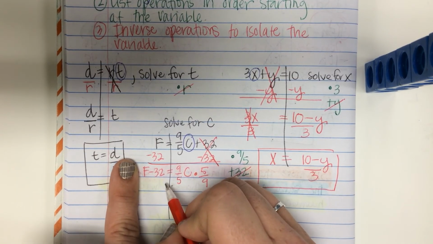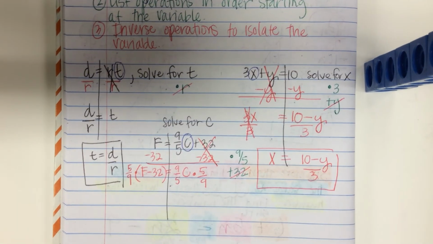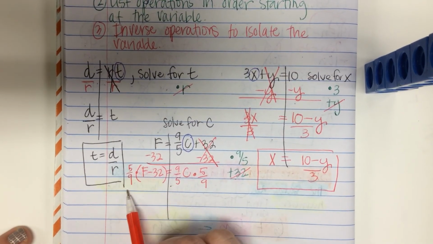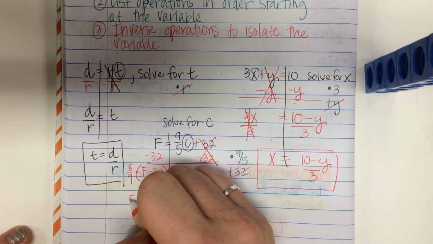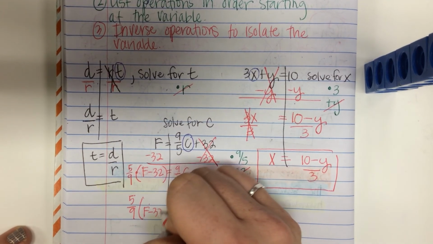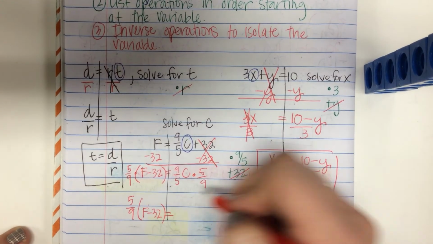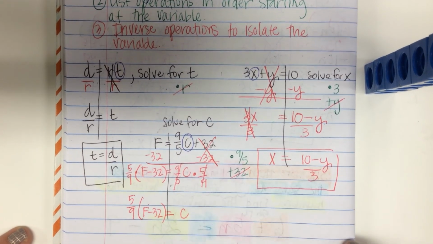What do I put it inside? Parentheses. All right, do you know what 5/9 times f minus 32 is? 5/9 times f minus 32 equals, those cancel out, and I'm left with c.